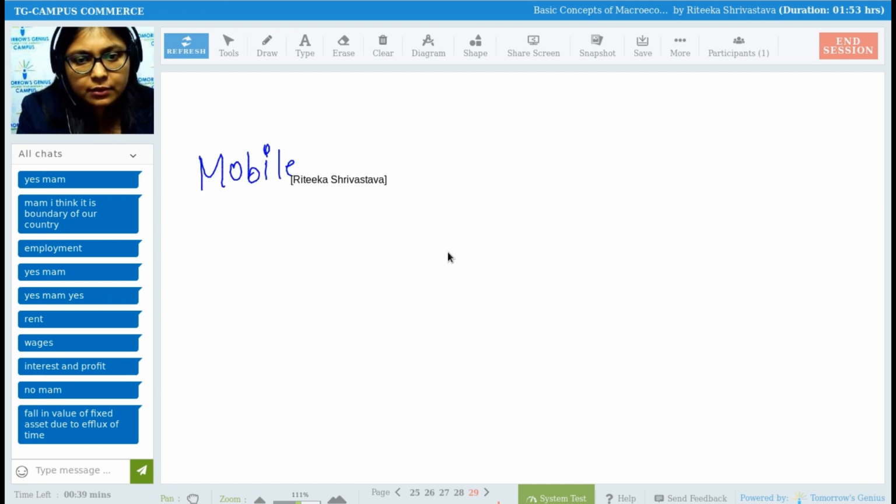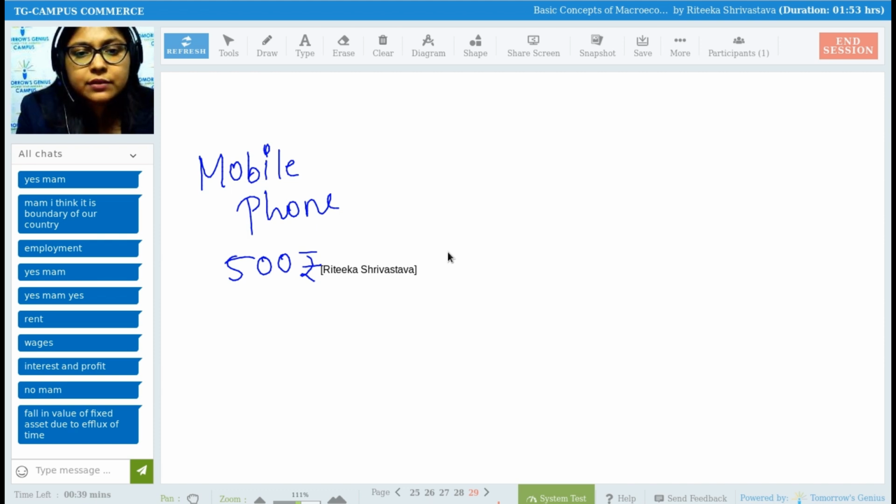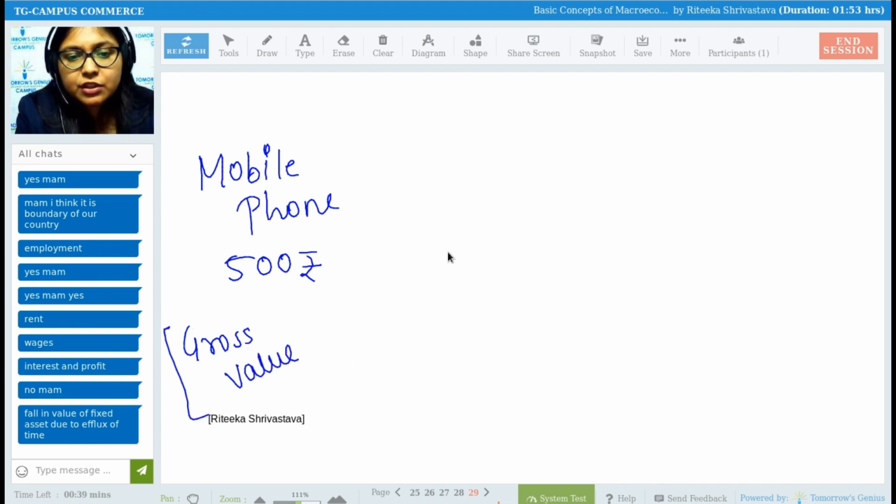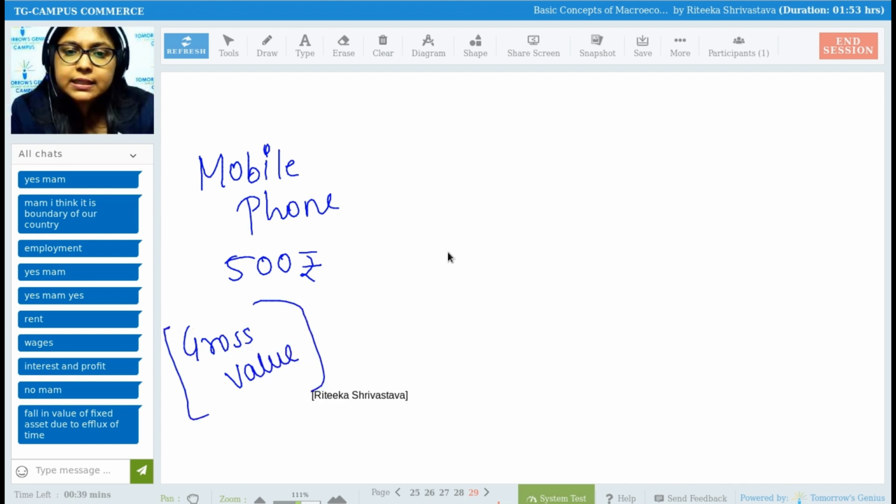So now say suppose I purchased a mobile phone which was for rupees 500. So this 500 is nothing but my gross value or gross investment which I have done. Purchasing a mobile phone is an investment for me.